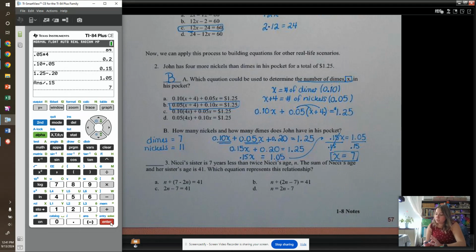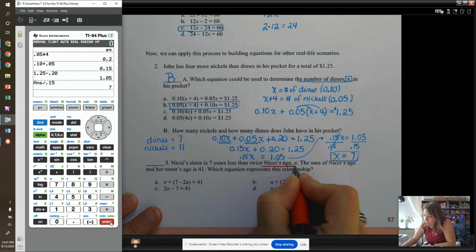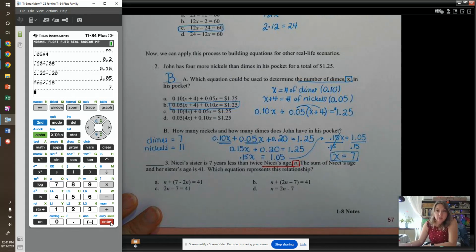I think you can probably handle this, so I'm going to pause this and have you try the age question down here. I'm going to read it first, have you pause it. Try setting up the equation yourself and getting the right multiple choice answer. Nikki's sister is 5 years less than twice Nikki's age of N. So Nikki's age is going to represent N. N for Nikki.